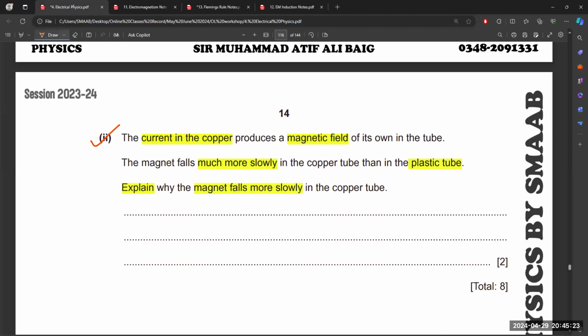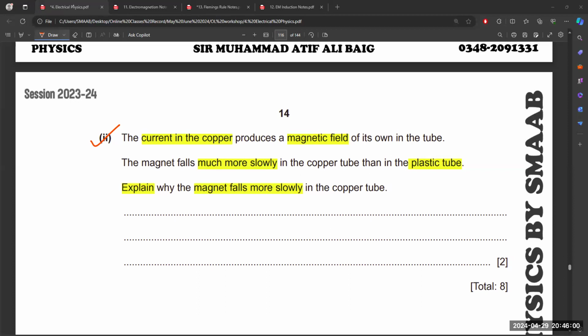Basically, in simple words, if something is moving slowly, there must be some other force acting in the opposite direction to resist or stop that body from moving. The same thing happens here. An upward or opposite force acts on the magnet because there is a magnetic field generated by the copper itself.